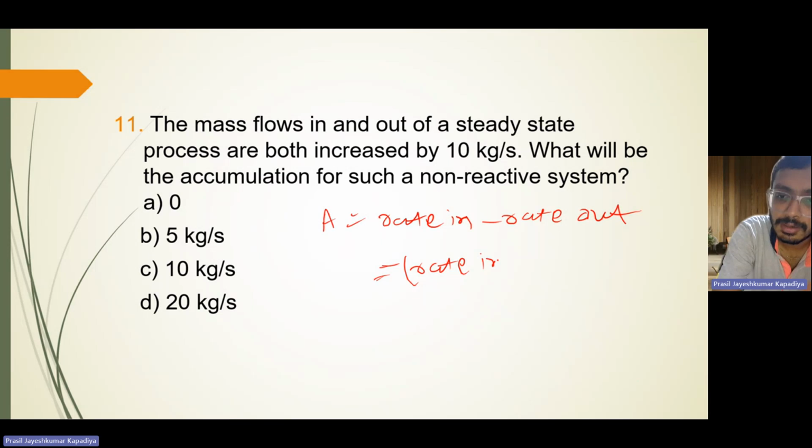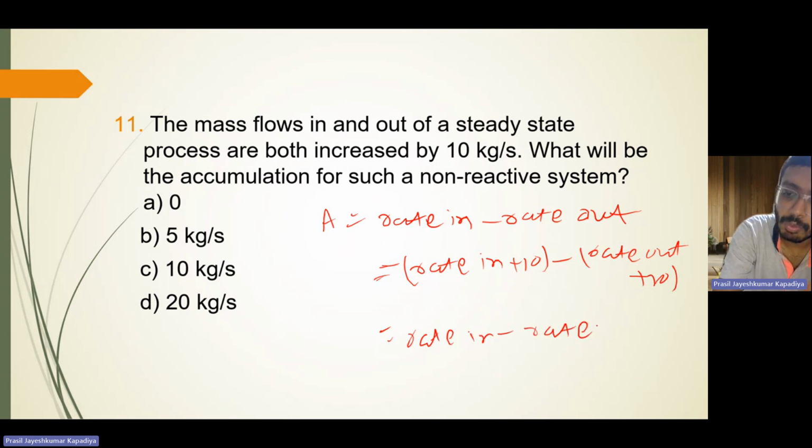So (rate in plus 10) minus (rate out plus 10) is nothing but what we had initially, rate in minus rate out. But it is told the system is non-reactive, so we have not added the formation or disappearance term.